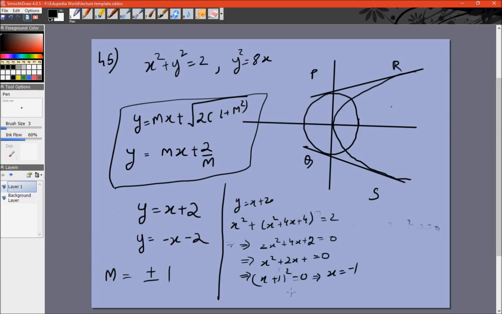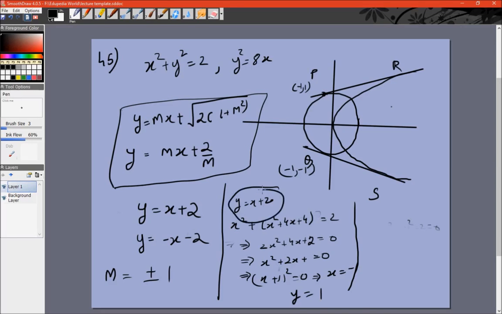If x is minus 1, y is equal to 1, because y is equal to x plus 2. That is this point, minus 1 comma 1. Now I'm not going to do it for the other one. You can just calculate it yourself and see this is minus 1 comma minus 1. We can just see that by symmetry also.